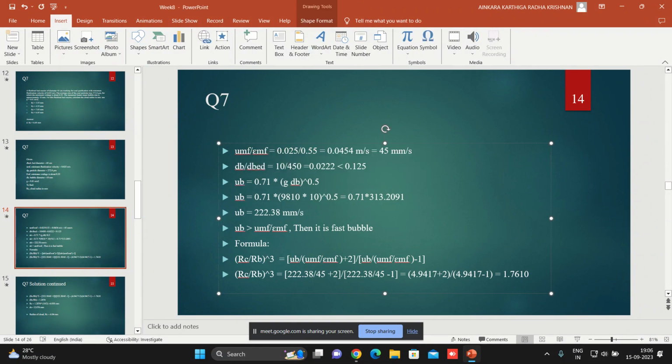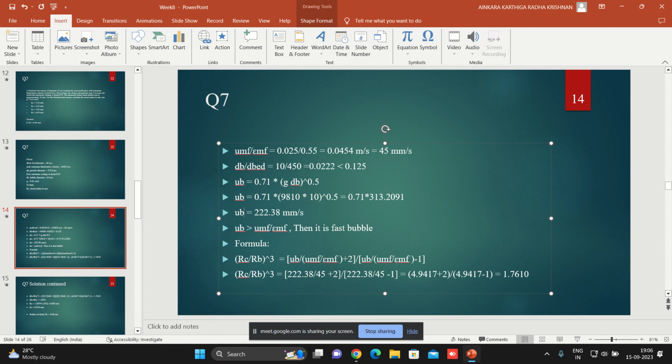We have found UB, bubble rise velocity. For finding bubble rise velocity, we have found out if dB by dB bed is less than 0.125 or not. Since it is less than 0.125, we have used the UB formula as this 0.71. From this formula, we have found out UB.